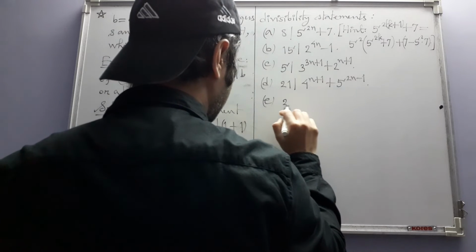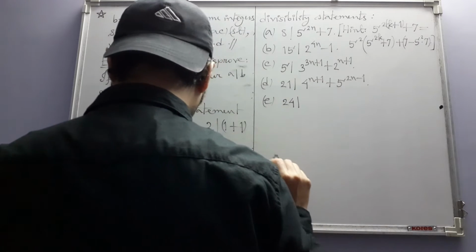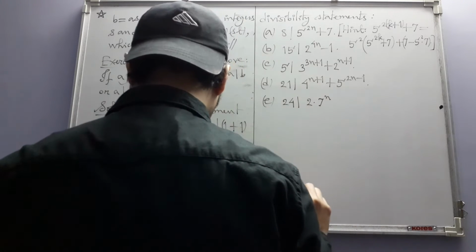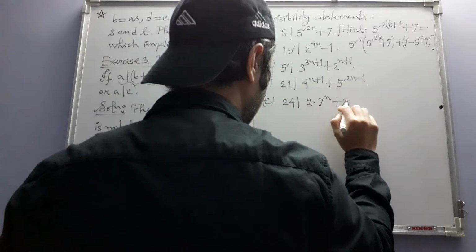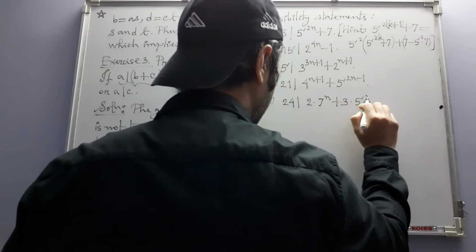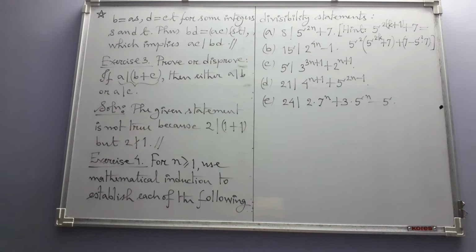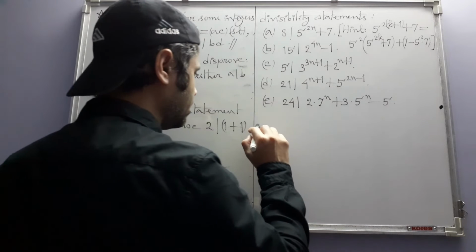In part E, we need to prove that 24 divides 2 times 7 to the power n plus 3 times 5 to the power n minus 5. Okay, so let us start with part A.